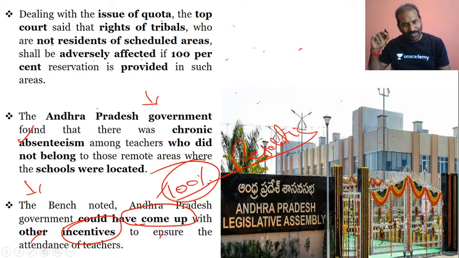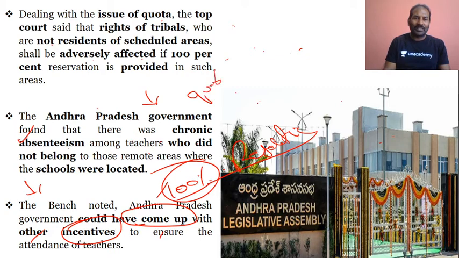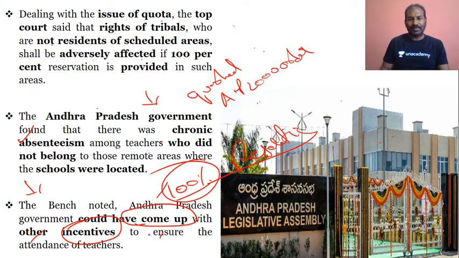We have gone into the in-depth, started from the Supreme Court has quashed Andhra Pradesh 2000 order, I said we started with, and now we are ending with that. Why? Because what the AP government was making the point was because of the absenteeism, but the Supreme Court bench countered the Andhra Pradesh government's reason of 100% reservation in scheduled area.